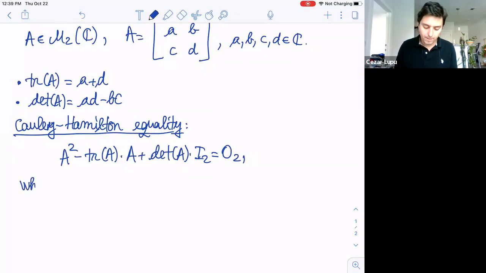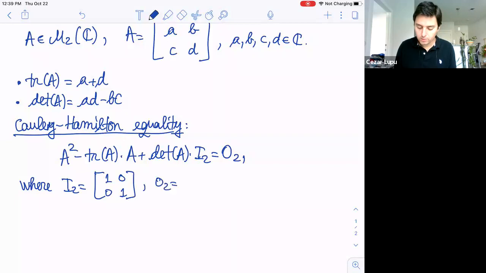Where the identity, let me remind you, is this matrix, 1, 0, 0, 1, and the null matrix, O2, is this matrix with the entries, all of them zeros.